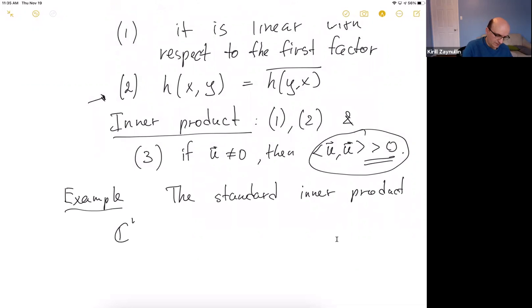You just take your vector space to be C^n, and your inner product is defined by the same formula as the standard Hermitian form.